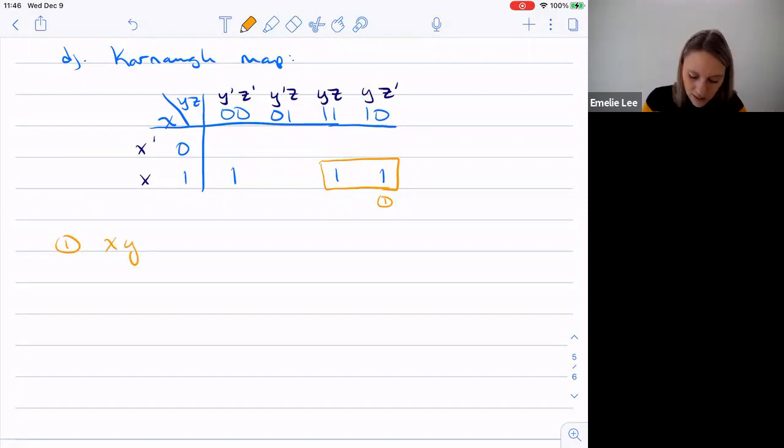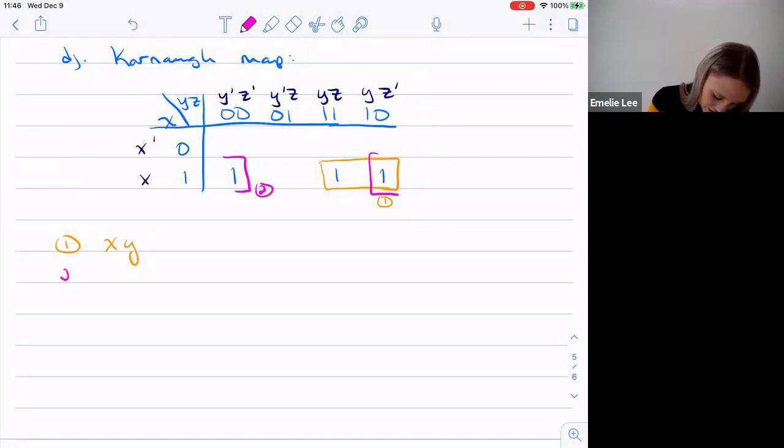Okay. And although it might be tempting to just circle the 1 on its own, we know we have to make these groups as large as possible, right? And so here we've got this group here, which I'll call my group number 2. Now for this one, instead of the y held steady, now z naught, or not z, is being held steady, and the y is allowed to switch on and off.